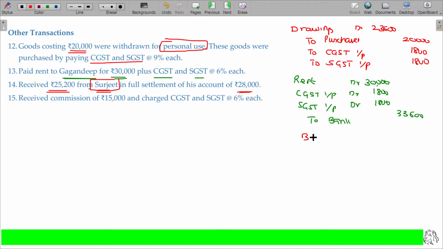So bank account debit, discount allowed account debit to Surjit. Value 28,000. Collection is only 25,200. The difference is discount allowed. This was already studied.